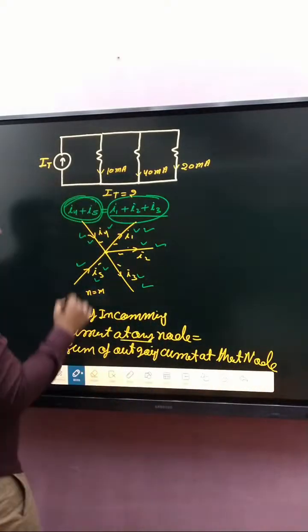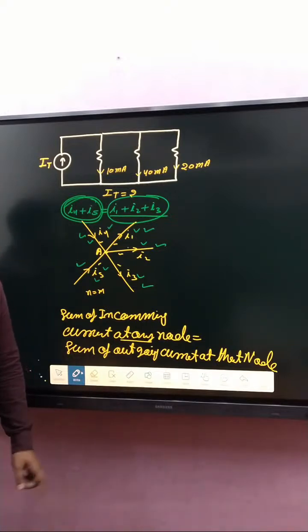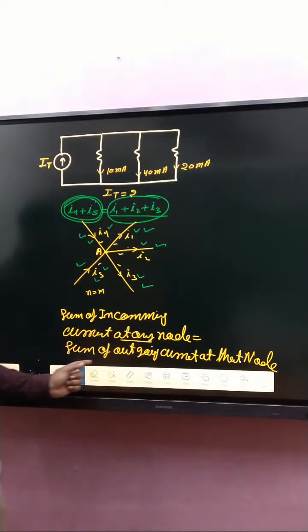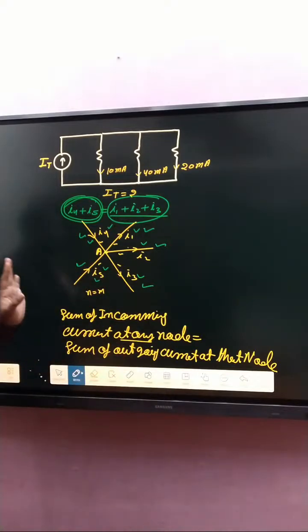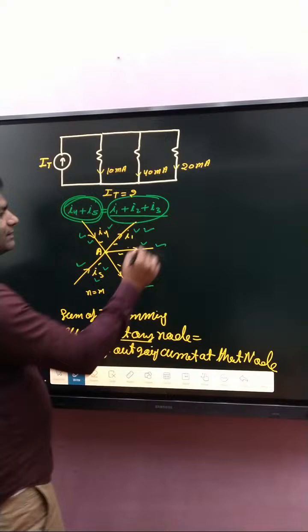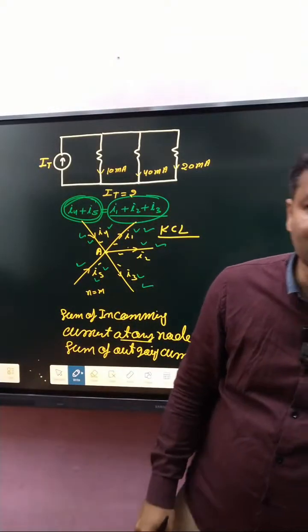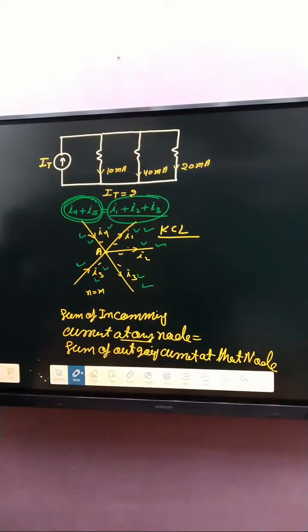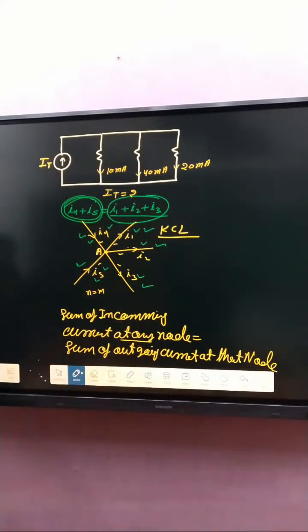If you consider that node is A, it is clear: the sum of incoming current at that node is equal to the sum of outgoing current at that node. Is it clear? What is the meaning of KCL? If anyone has a doubt, tell me, I will repeat. Otherwise I will go on to the question.